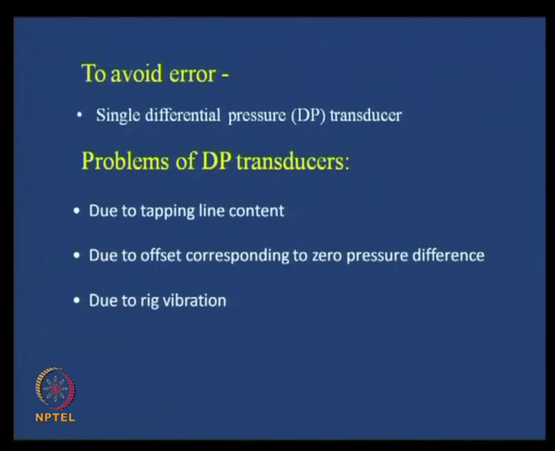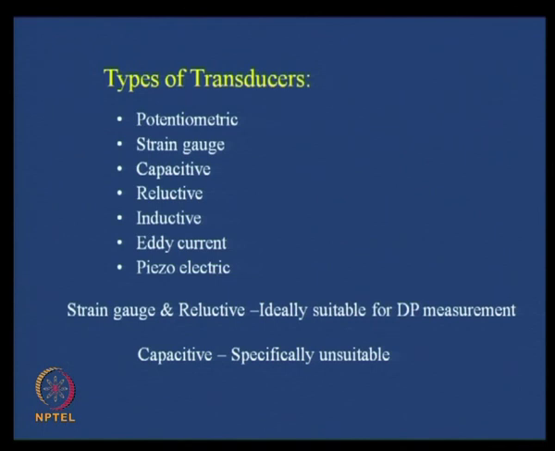Well, so the other thing is, now you adopt the differential pressure transducer. Okay. Now, again if it would have been very good, then again we would not have bothered about anything else. There has to be some problems there. What are the problems that come to your mind in this particular case?